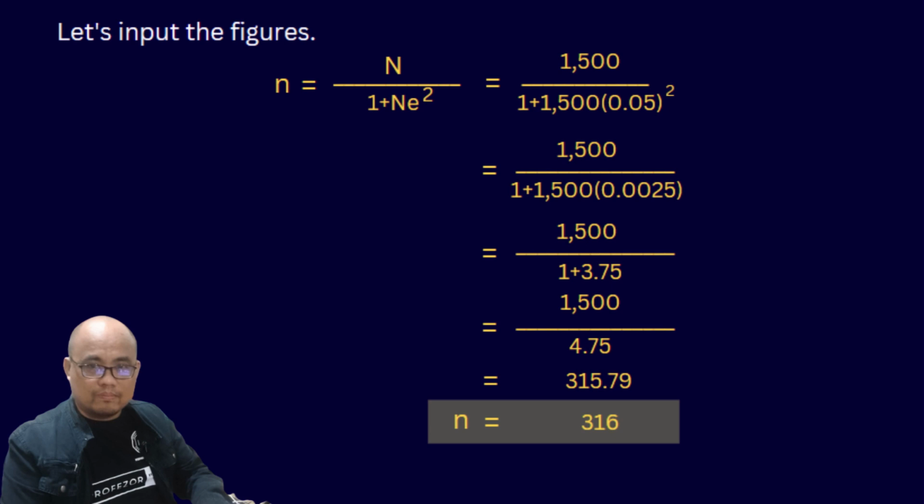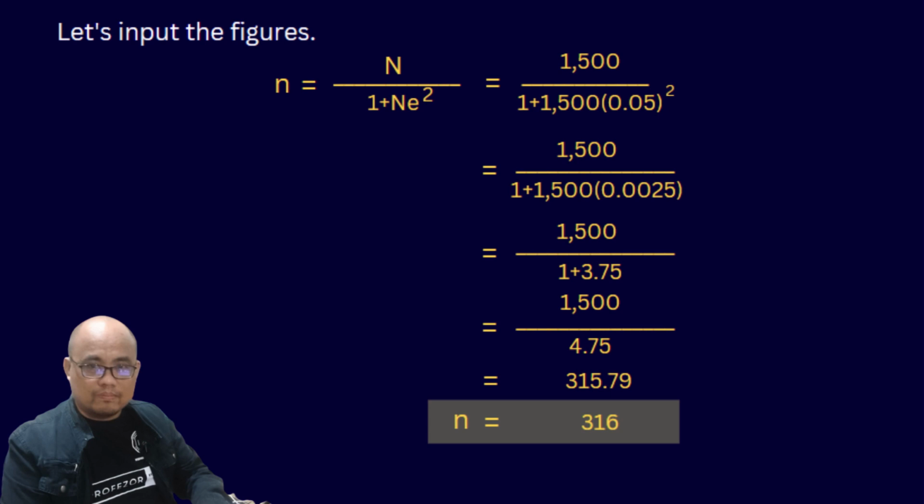So 3.75 is 1,500 times 0.0025. Then let's simplify further to arrive at the right answer. So 1,500 over 4.75. Now where do we get 4.75? 1 plus 3.75 is equal to 4.75.